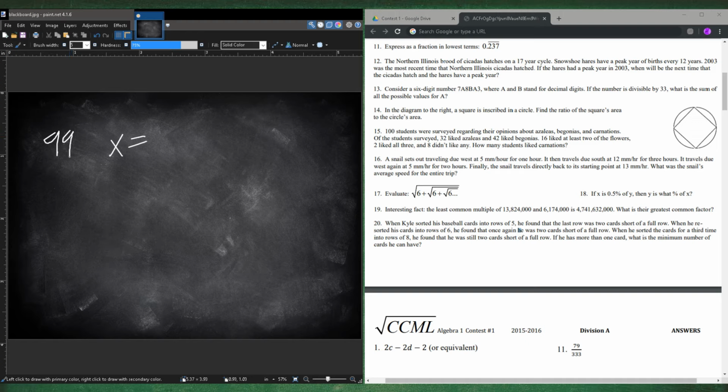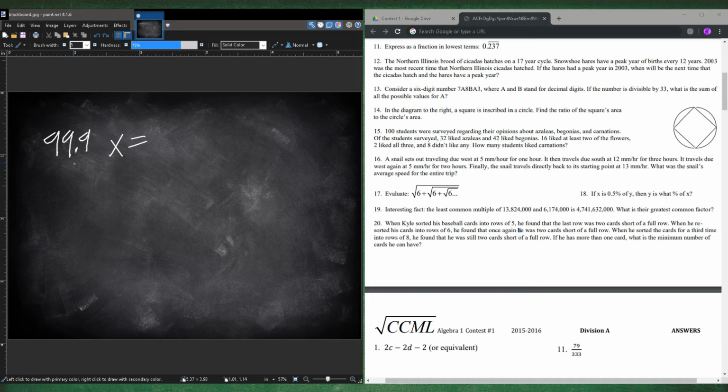So basically just divide it by 100 and you subtract it from 1. So 0.5 divided by 100 and then 1 minus that number.